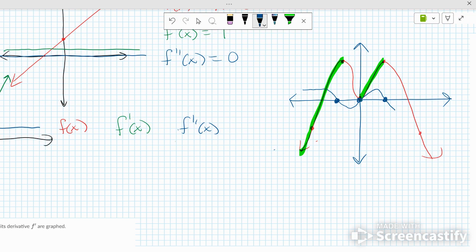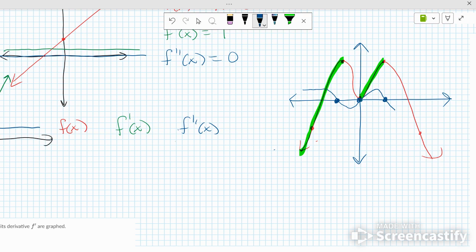Since my function is increasing, my first derivative will be above the x-axis. As soon as I hit my maximum point, then I start decreasing. So when I'm decreasing, my slope is negative, so I'm going to be below the x-axis. So where a maximum occurs, you're going to have an x-intercept with your first derivative.